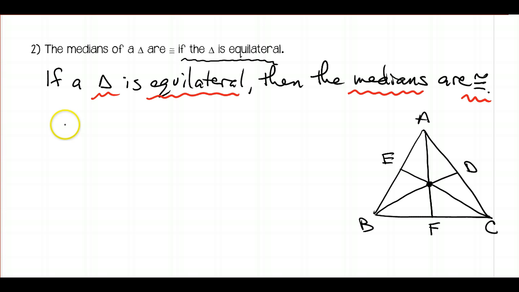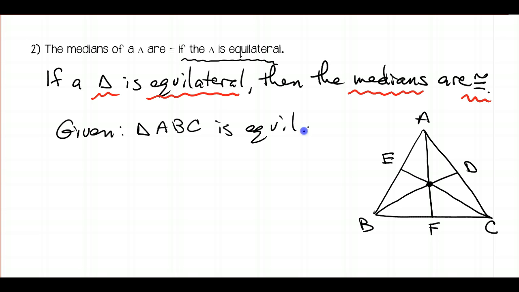Okay, so we've got our picture and given. So again, if we know a triangle is equilateral, so triangle ABC is equilateral. Now, this is where you have to be careful, because we know the triangle is equilateral, and we know that these segments are medians, but we want to prove that they are congruent.